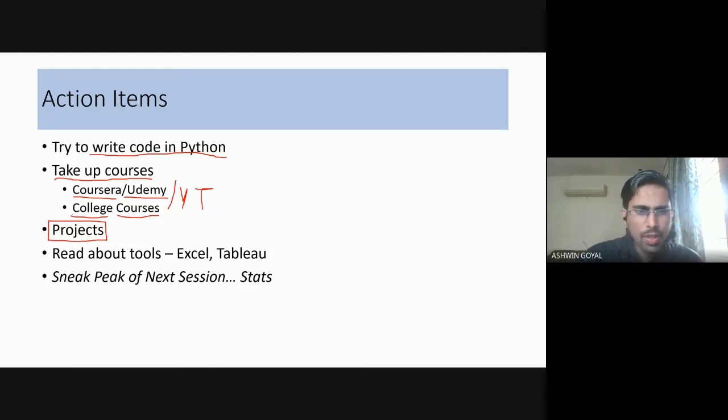Another thing that you can do is read about tools like Excel, Tableau, all the tools that we will be covering later. And one very important thing that I would request you to do is just go back home and read about maths and statistics. Just read the very basics of stats.